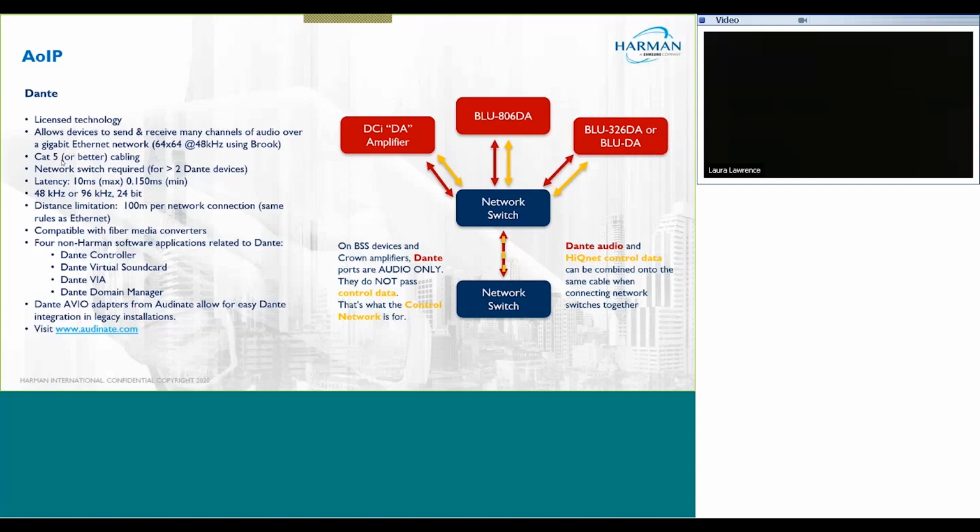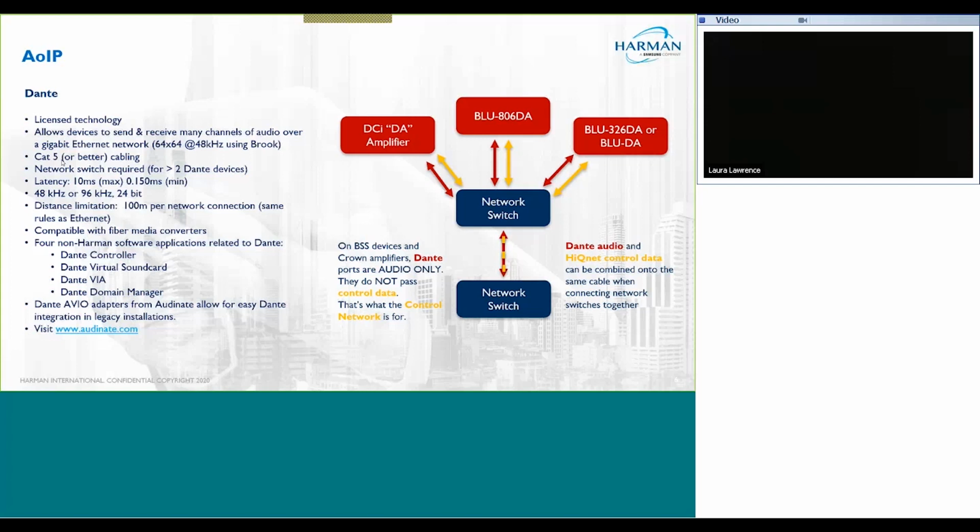The interesting thing about Dante, there's lots of those, but one of them is that you can actually set the latency to what you want it to be. Now, especially if you're streaming from a PC or to a PC where you're using a DAW, that latency, if you're going to go for ultra low latency, is going to affect your CPU utilization of that computer.